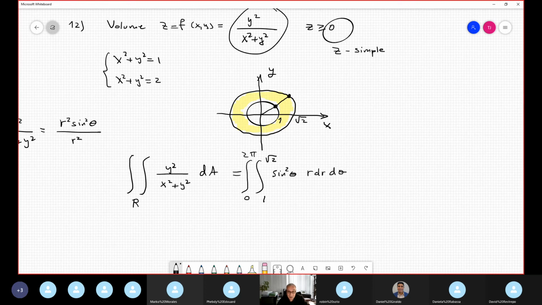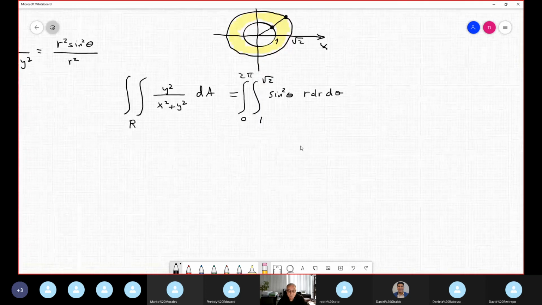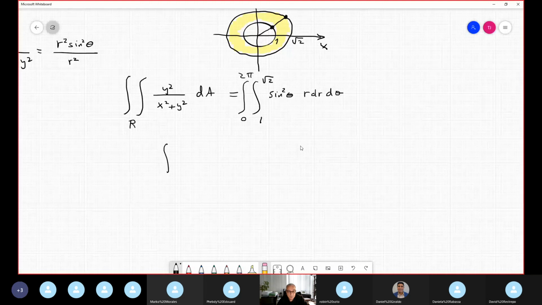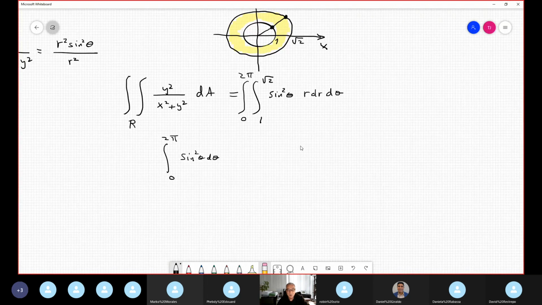Okay, now I can separate into integrals. The first integral from 0 to pi of sine squared theta d theta. You separate the part of the function that contains theta and the part that does not contain theta, that is r dr, from 1 to radical 2. This integral is r squared divided by 2, evaluated between 1 and radical 2.